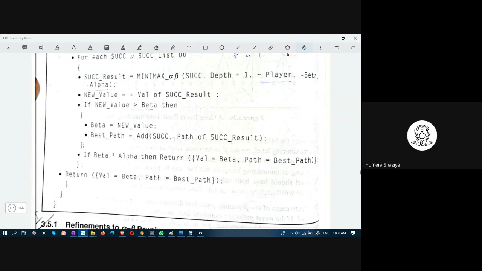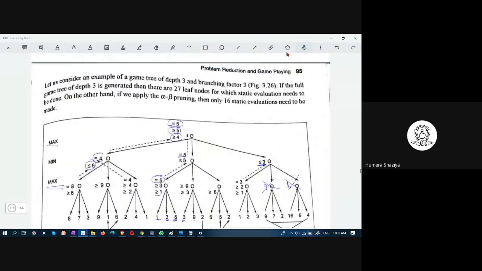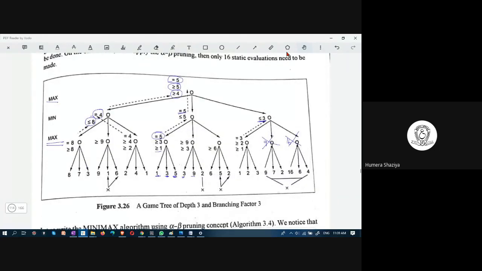If beta, alpha, then return beta value and best path value. Finally, it returns the beta and the best path. Here we can see that for this, the best path would be going to 5 this way and this way. This 5, this and this.